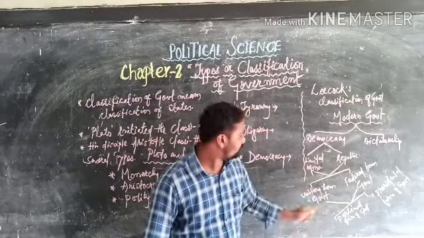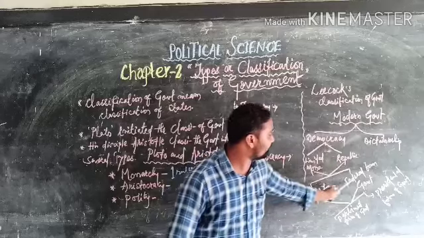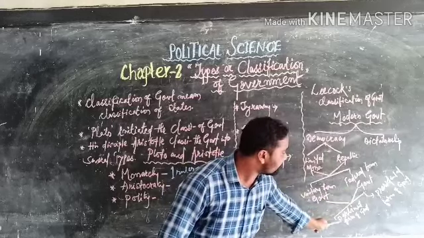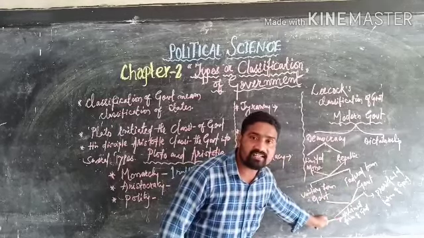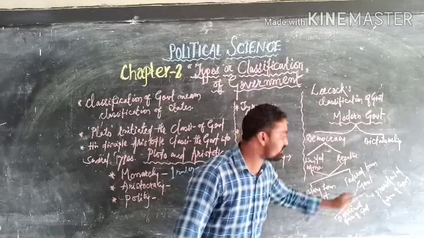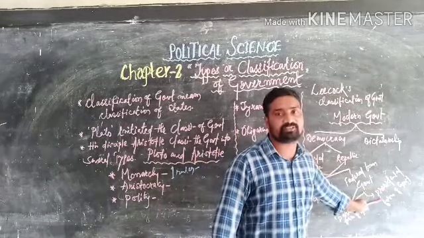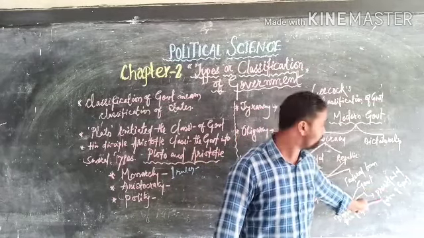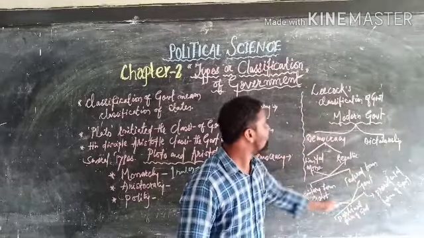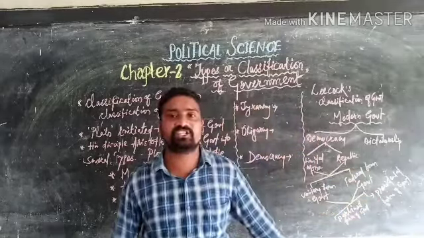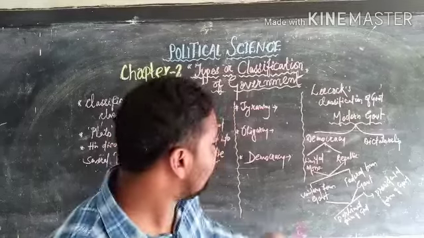And again, the unitary form of government and federal form of government are classified into parliamentary form of government and presidential form of government. Is it clear? So this is the overall classification of Leacock.